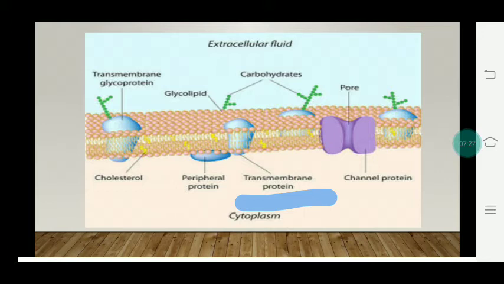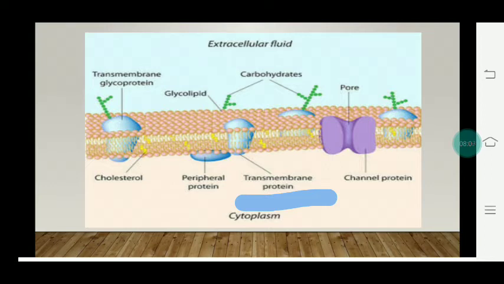Transmembrane protein, also called integral protein or intrinsic protein, because it's embedded wholly in the plasma membrane. Integral membrane proteins are mostly transmembrane proteins which have one or more segments that are embedded into the phospholipid bilayer.